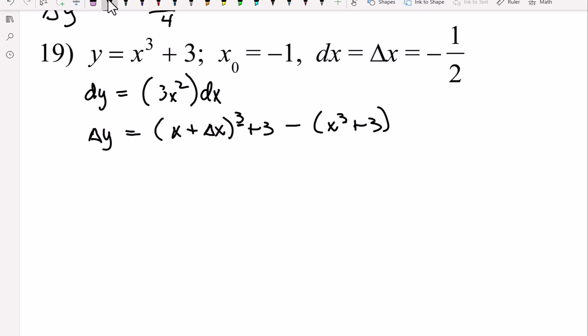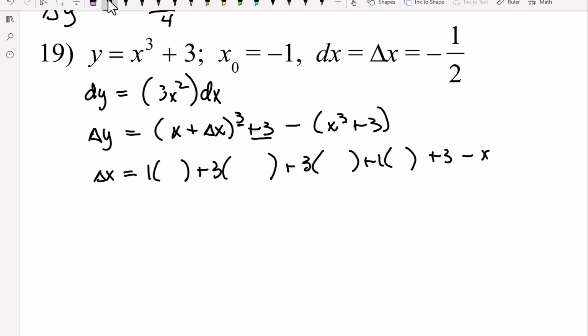Well, this thing cubed, Pascal's triangle is 1 parentheses plus 3 parentheses plus 3 parentheses plus 1 parentheses, then this plus 3. Now we're subtracting x cubed, we're subtracting 3.